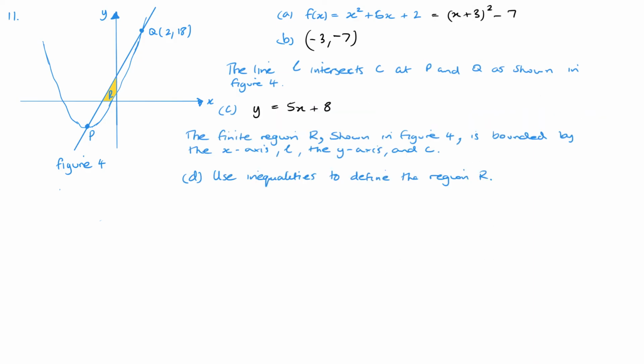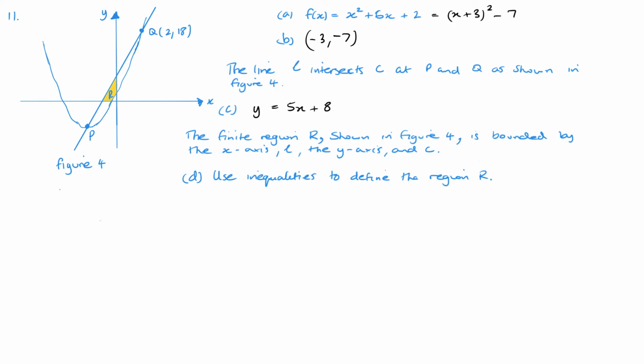And now we have the final part of the question. The finite region R, there it is, bounded by the x-axis, L, y-axis and C. Use inequalities to define the region. Now, in my diagram, I've got no dashed lines.